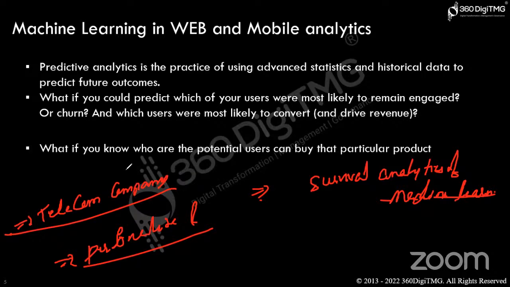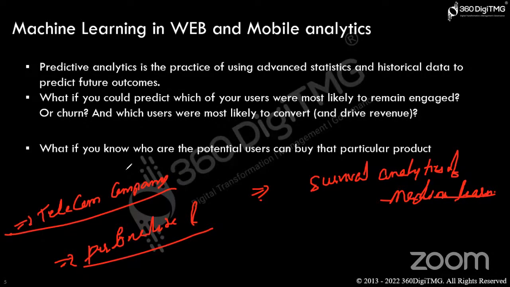So what do we know? What if you know whoever is visiting your particular site, you know that this particular person is a potential buyer. In that case, what do you do? You will keep sending him messages until he notices or he buys it. Any product, he has searched some product on, let's say, Flipkart or Amazon, but you know the history of that particular customer, that whenever he is doing the search, there is a possibility of buying that particular product.